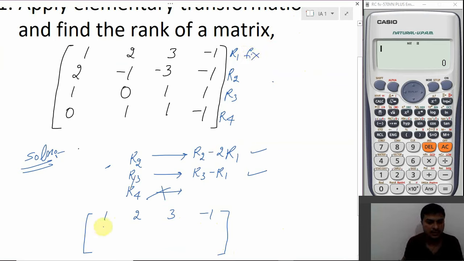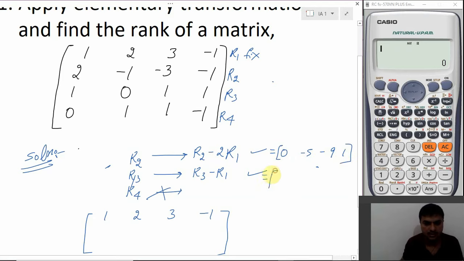Next, 2 minus 2 is going to become 0. You can do this simplification easily. It is 0, minus 5, minus 9, and this is 1.